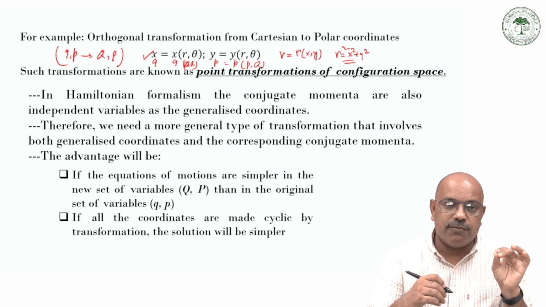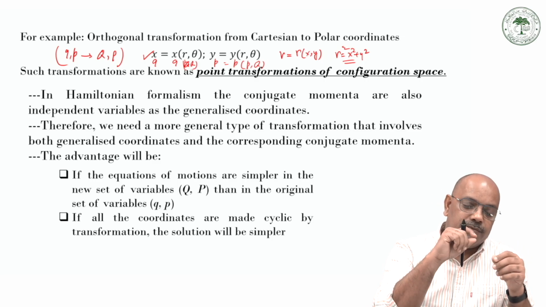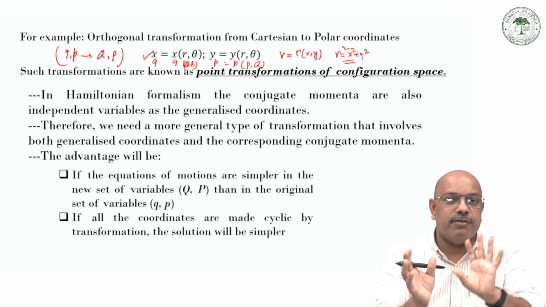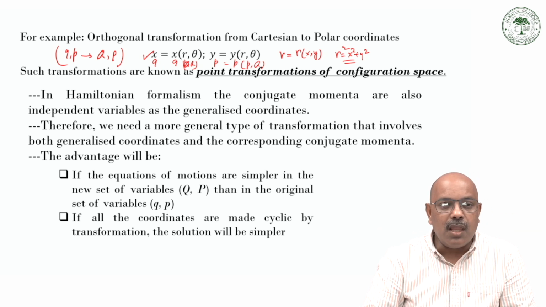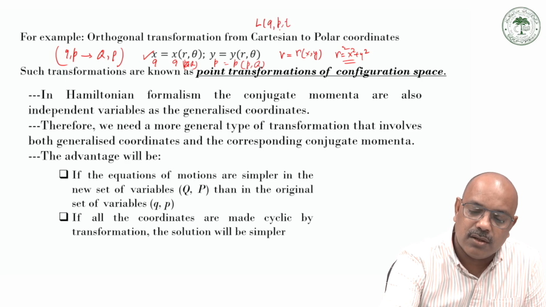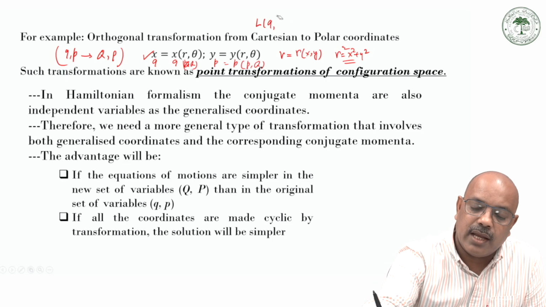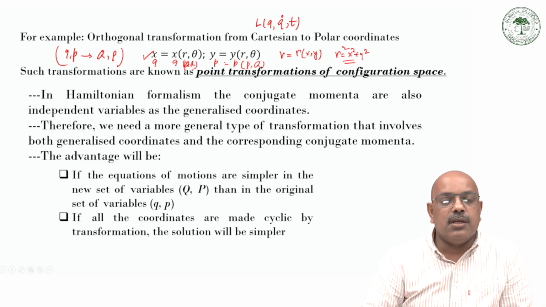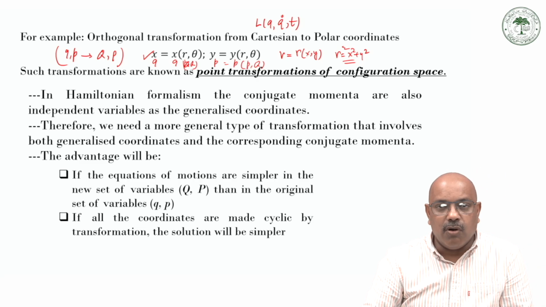Okay, so one point in the configuration space defines the configuration of a system as a whole. In Hamiltonian formulation, the conjugate momenta are also independent variables, like the generalized coordinates. Because when you write the Lagrangian, it depends upon q, q dot and t, where q are generalized coordinates, which are all independent.